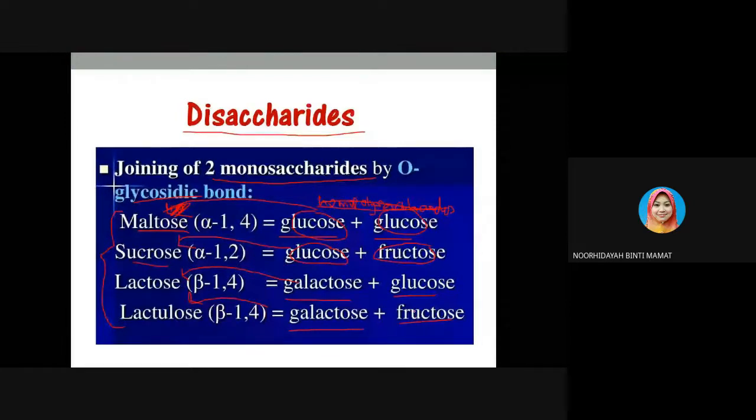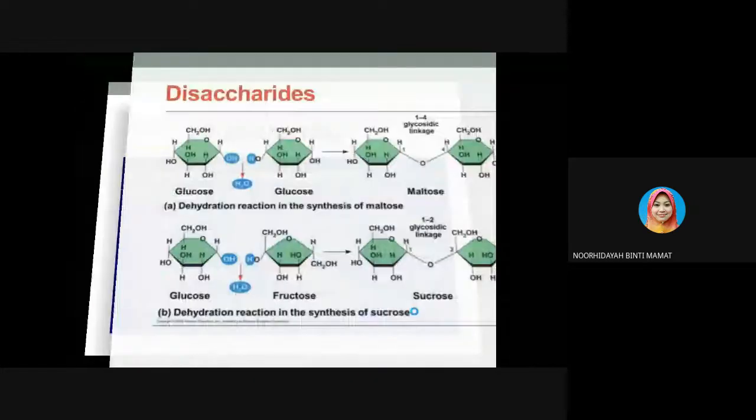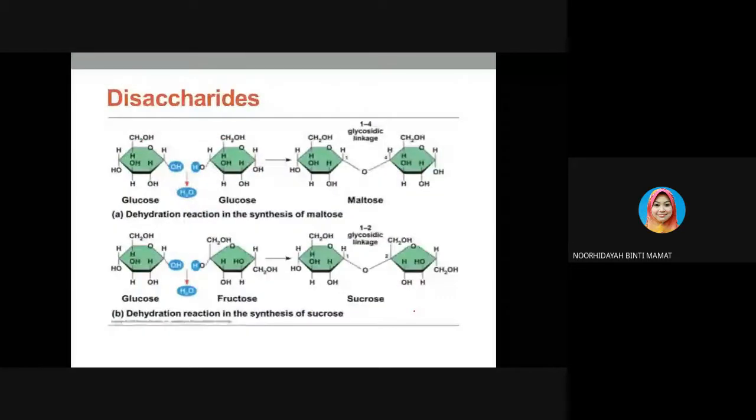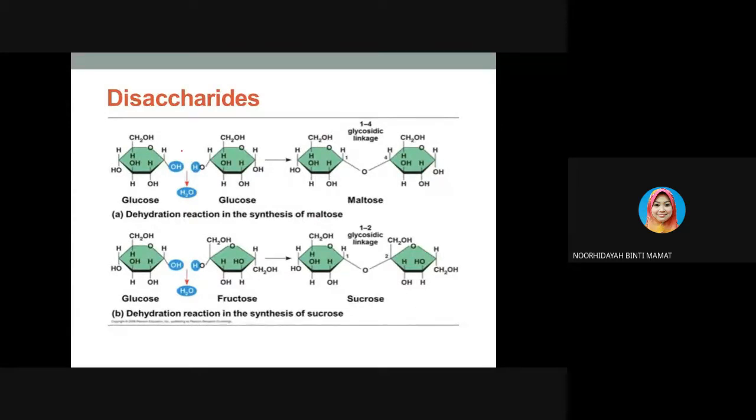Please don't get confused with polysaccharides. This is what we call the glycosidic bond. Just now we talked about the maltose 1,4 glycosidic linkage, or 1,4 glycosidic bond.